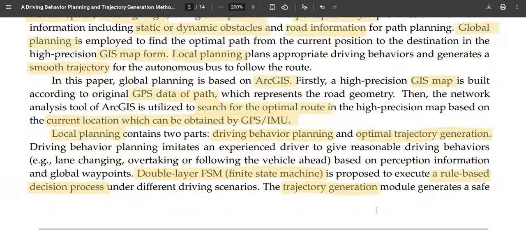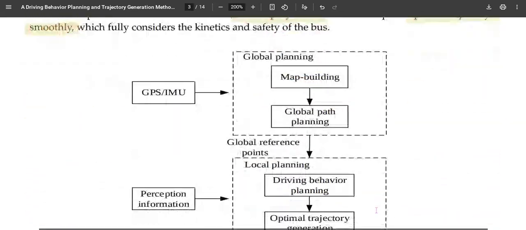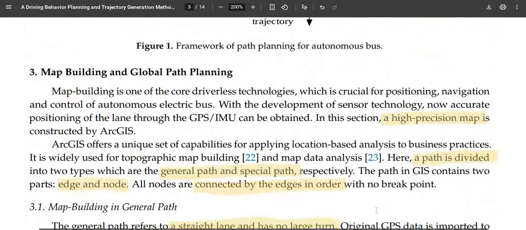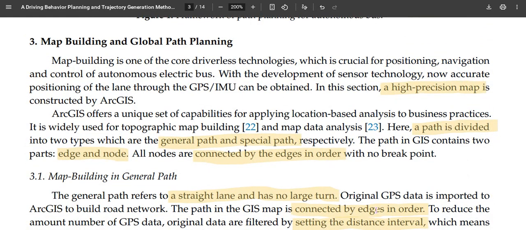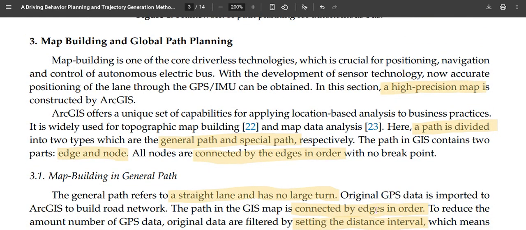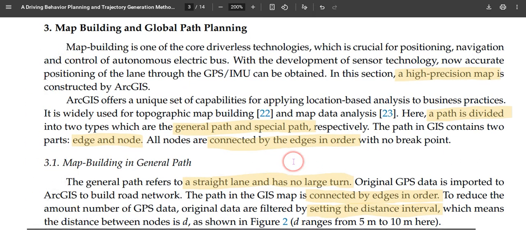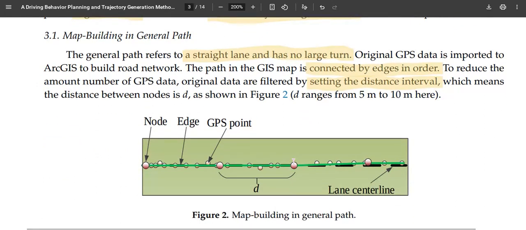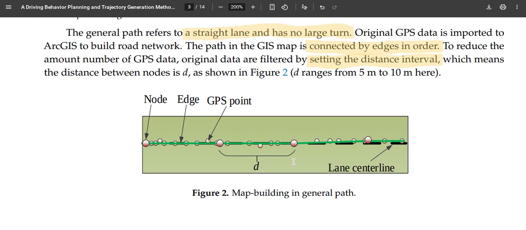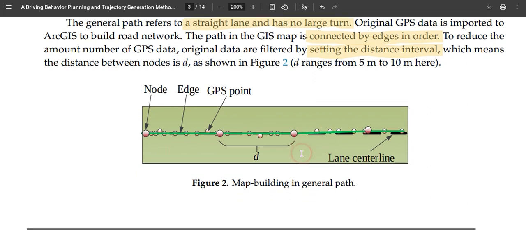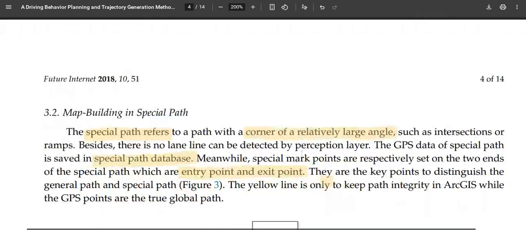So this is the information given in these descriptions. They build the map using the ArcGIS framework, and the path is divided into edges and nodes, and the nodes are connected through unweighted edges. It has two kinds of path. One is the general path, which has straight line segments, and among the many GPS data points, a uniform interval of data points is collected and built up as a roadmap.